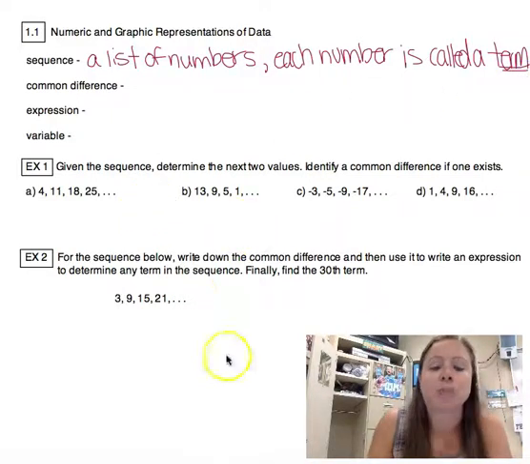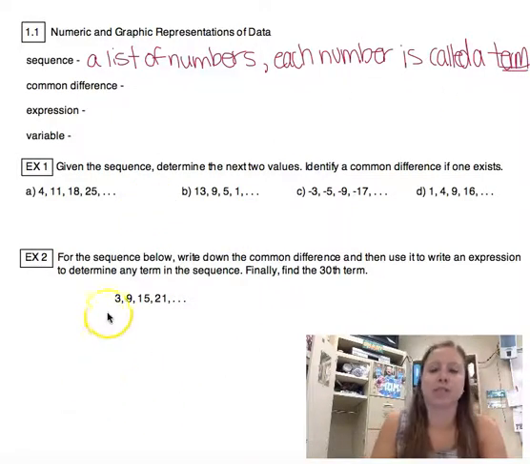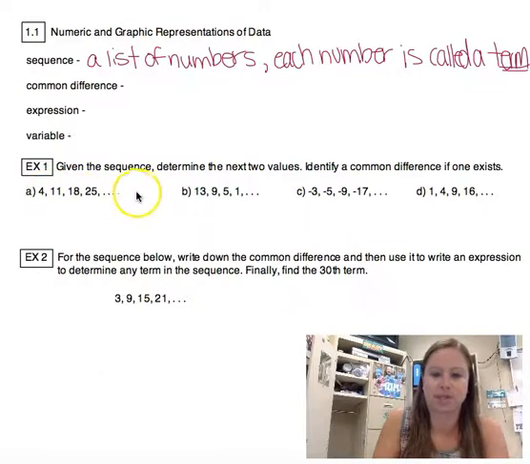So first term of the sequence, second term of the sequence, you can see the sequences down here. This sequence, we've written out 4 terms. Each of those numbers is a term.